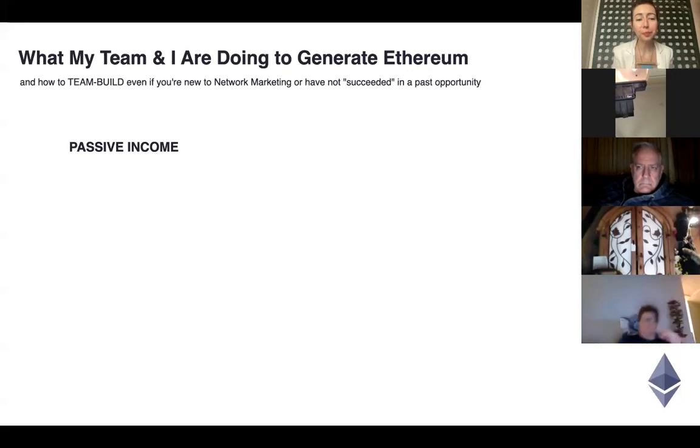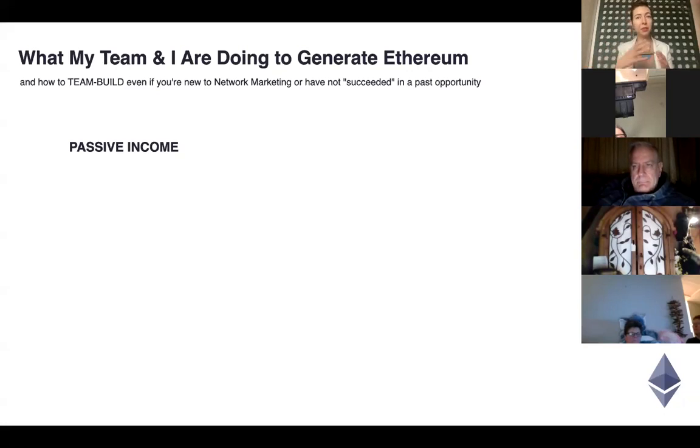Got it. So the passive income option is not for everybody, because the team building is the longer term growth. It's also the immediate pay. It's also the immediate ETH payout. It happens immediately, and it also happens over time. It's partial residual in terms of how it works with the team, but it's not residual long term.